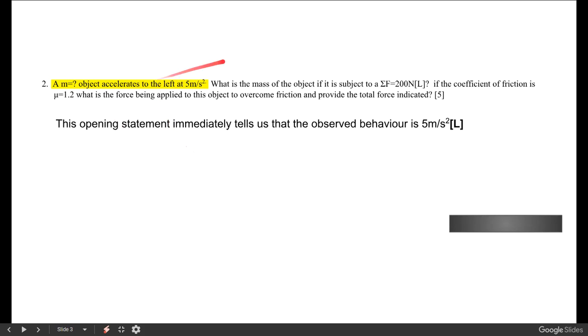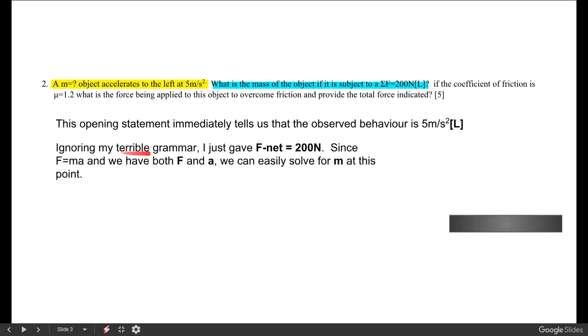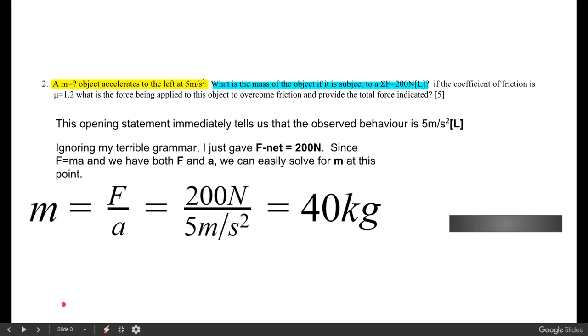Wait a minute, it's stated right there. So ignoring my bad grammar, I just told you what F net is over here. It's 200 newtons. Now we have F, M, and A, and you have both F and A now, so you can easily solve for the mass of this object.